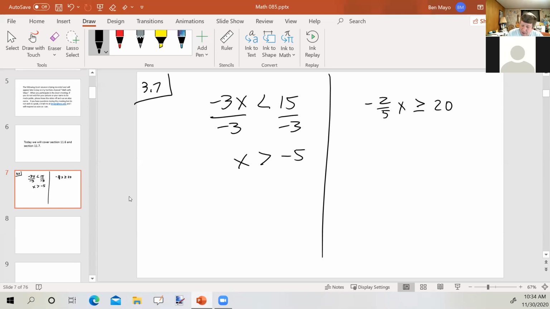Here, to solve for x, we would multiply both sides by negative 5/2. So on the left side, we get x. On the right side, we get negative 50. But we would change the direction of the inequality because we multiplied or divided both sides by a negative number. Any questions about that?